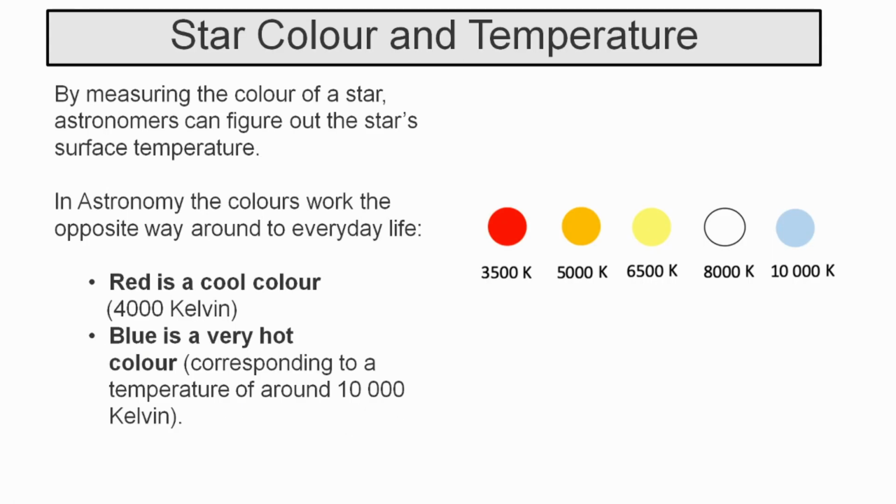So again, we use that idea to classify stars, and that's where we're going to lead into a diagram which is called the Hertzsprung-Russell diagram, which makes a note of the star color and therefore gives us a guide as to what its temperature is.